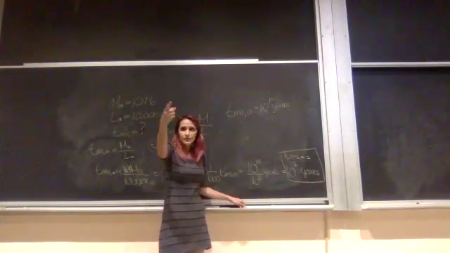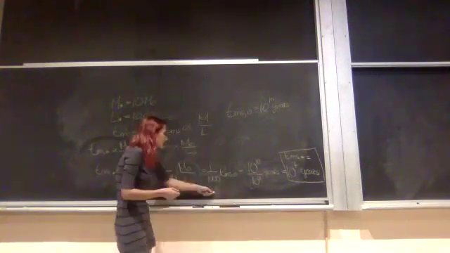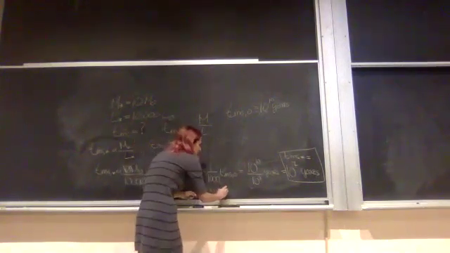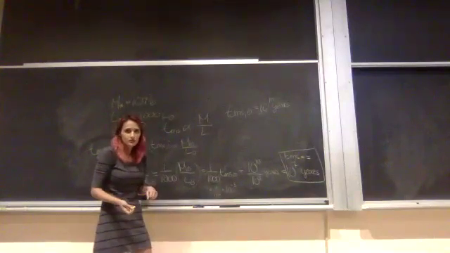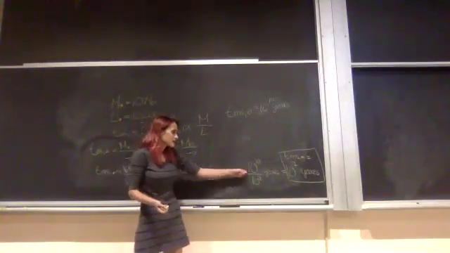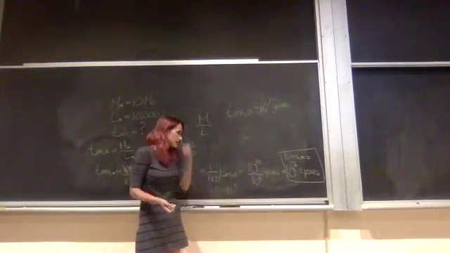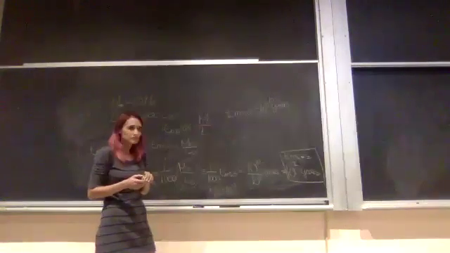So it'd be positive 3, not negative 3. This is 1 over 10 to the 3, which is equal to 10 to the negative 3. So you can either multiply by 10 to the negative 3 or divide by 10 to the positive 3. And that's our answer for the whole thing.